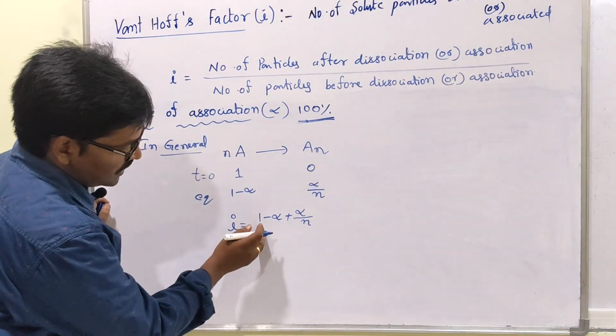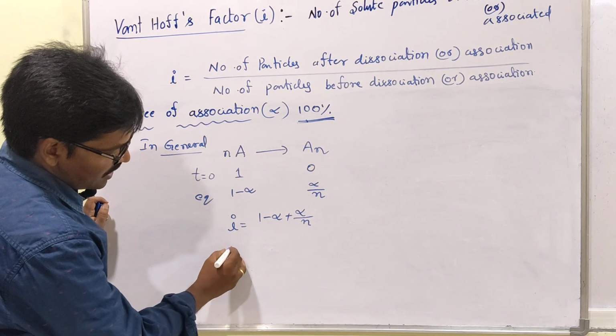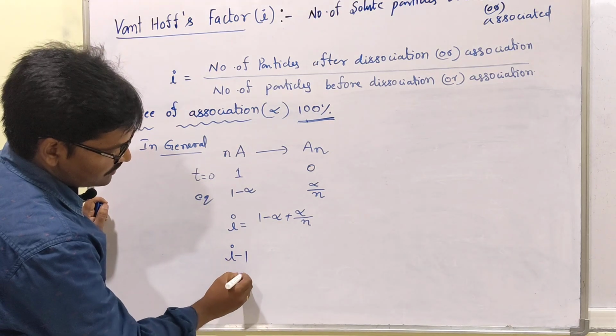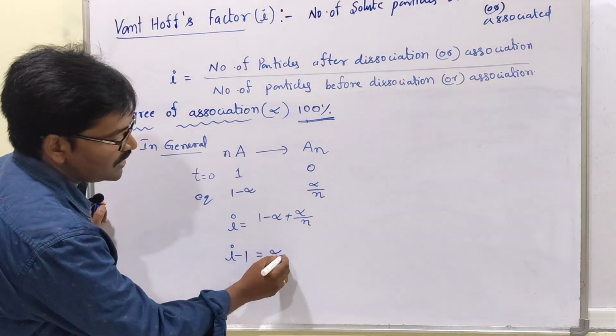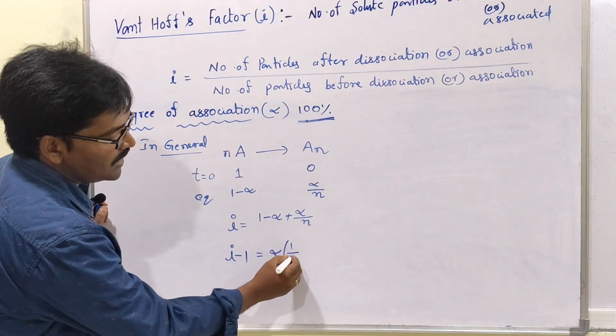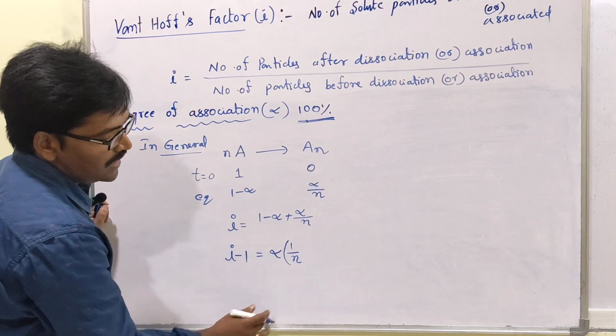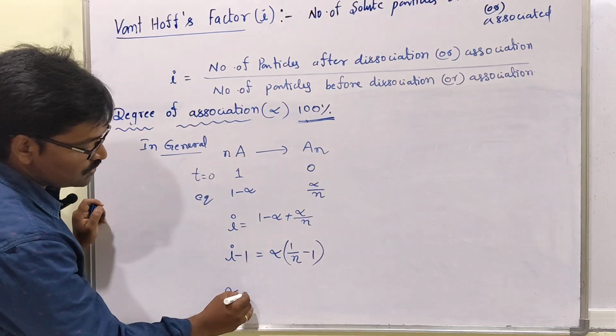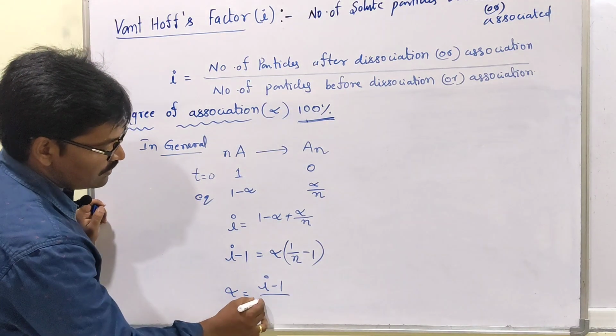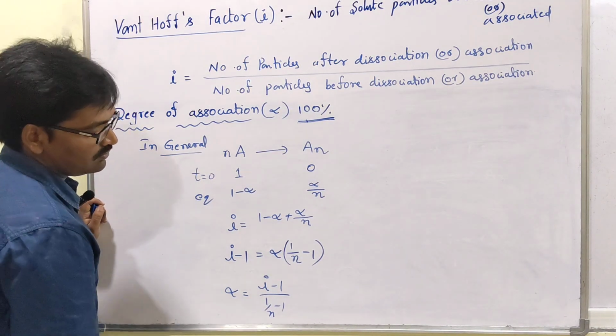So what happens, sir, if we send this 1 to the other side, I minus 1 equals alpha; take alpha common, then 1 by n minus 1, right? Then alpha equals I minus 1 divided by 1 by n minus 1.